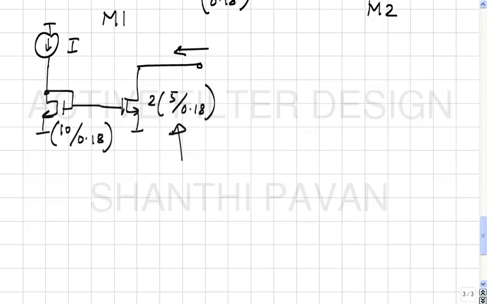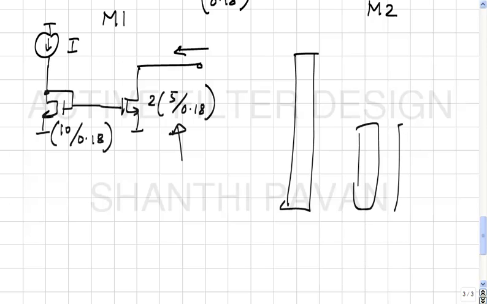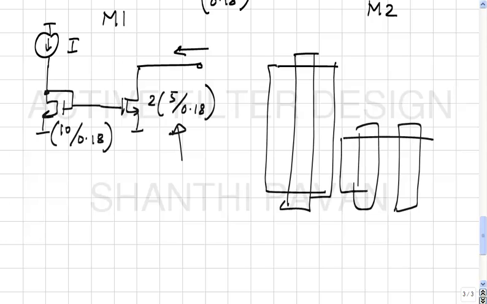There is also another reason why a 10 by 0.18 device is not the same as 2 5 by 0.18 devices, right? Because it turns out that the actual W, the electrical width of the transistor, is not the same as the physical width. There will be some undercut, there will be all sorts of stuff.